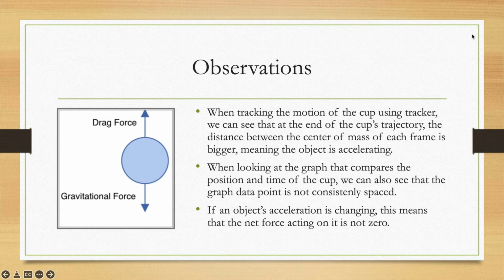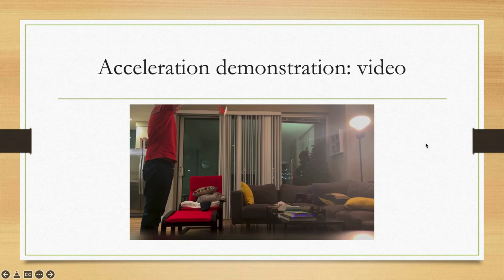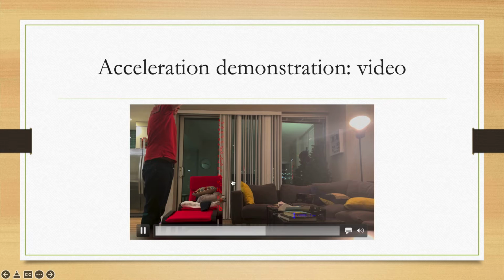When tracking the motion of the cup using Tracker, we can see that at the end of the cup's trajectory, the distance between the center of mass of each frame is bigger, meaning the object is accelerating. As we can see in this video, at the beginning of the motion the points are very close to each other, but when they reach the end they start to get more separated.